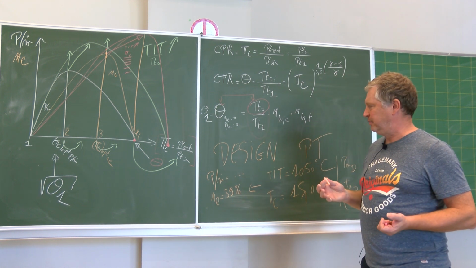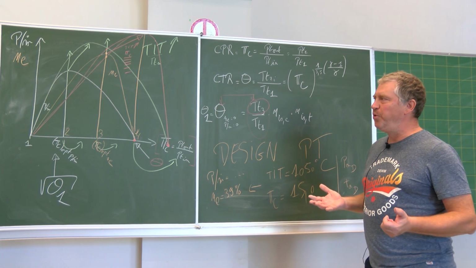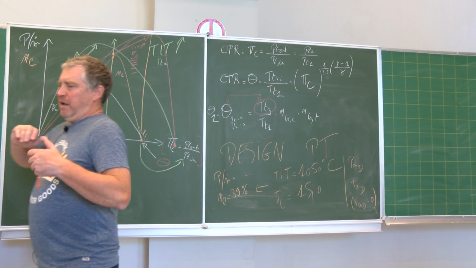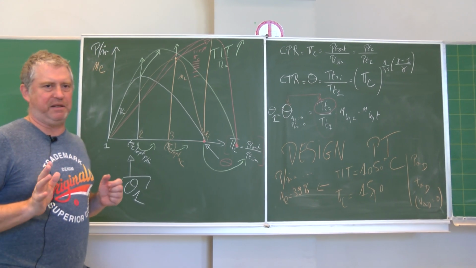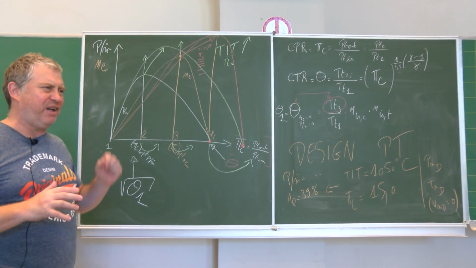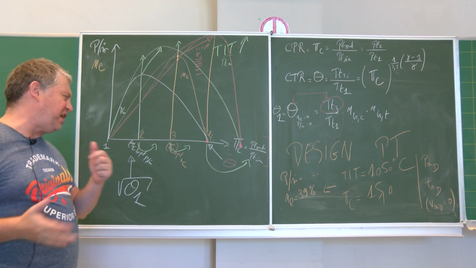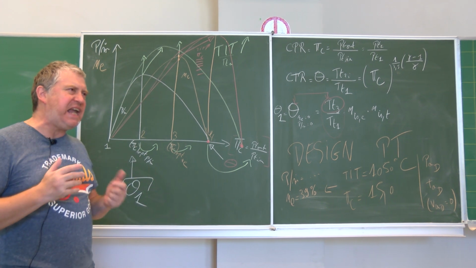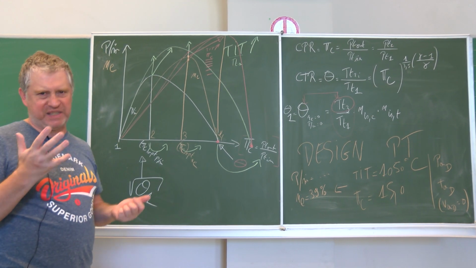What is the type of eta E that you can reach with this basic gas turbine engine? Let's say around 40%. Depending on the size of the engine, the age of the engine, etc., you can be at 38, 39, 40, 40.1 or something percent.